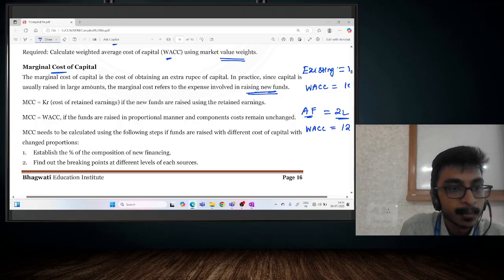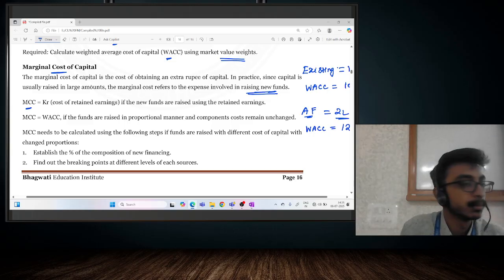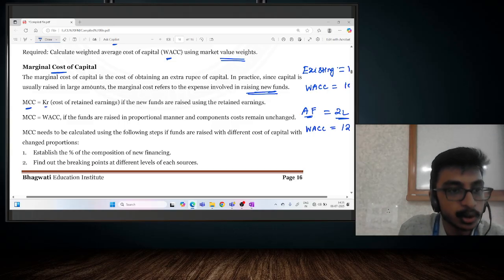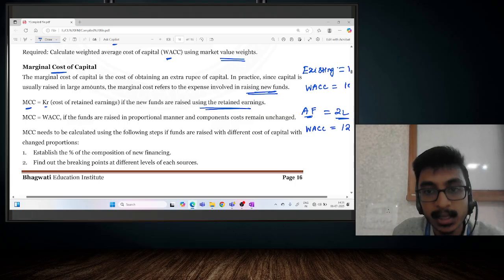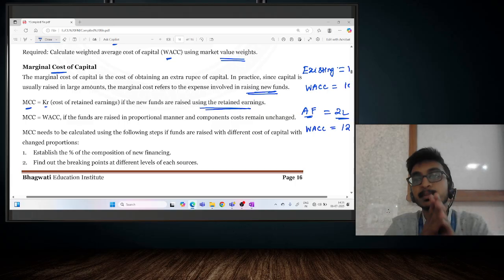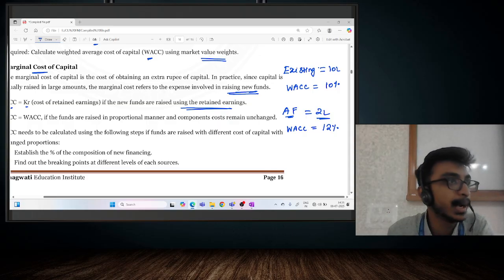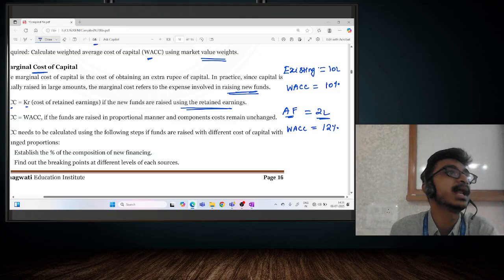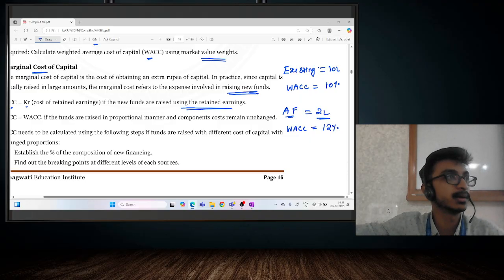Now listen, marginal cost of capital is equal to cost of retained earnings if new funds are raised using the retained earnings. For example, let's say the company wants to raise 2 lakh rupees of additional capital, but they have 5 lakh rupees of retained earnings itself. In that case, the company may wish to use the retained earnings instead of going for an outside source of finance.